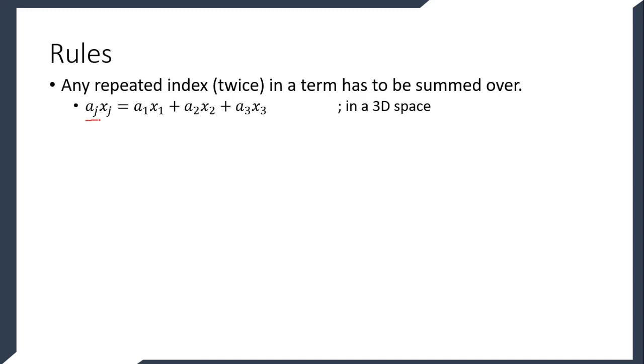Here we have a symbol group, and j is repeated twice, so j is a dummy index. We do not have a free index here.